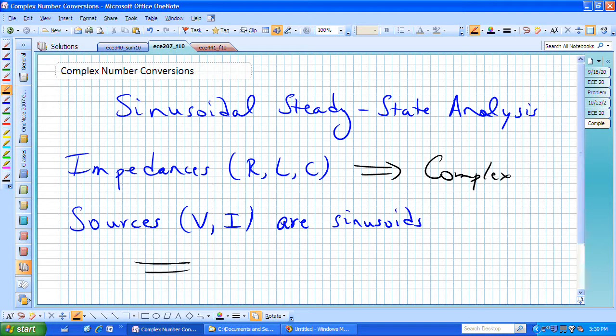Those sinusoids we can represent, and we can keep omega on the side of our paper. We don't have to worry quite so much about the frequency once we get started, and what we really need to concentrate on are the magnitudes and angles, or the phasor representations of those sinusoids. And that then really also is, again, a complex number.